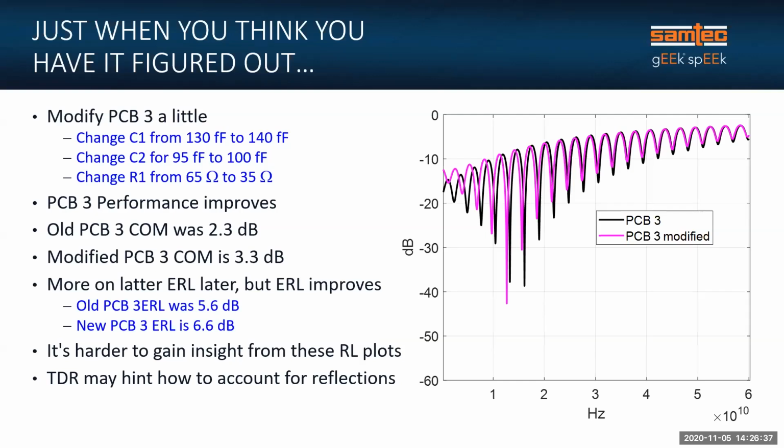The old COM was 2.3, as we showed before, and the modified COM is now 3.3. So the return loss kind of looks worse for PCB3. At the higher frequencies, there's not much change, and we get a lot better COM. That's interesting. We haven't really shown you how to do this, but the ERL gets better on PCB3.